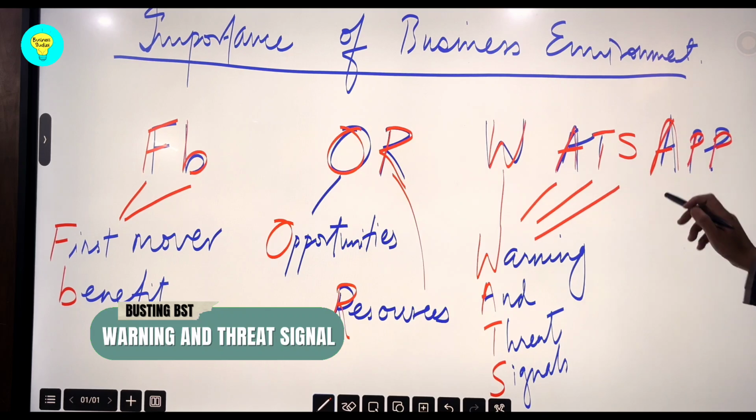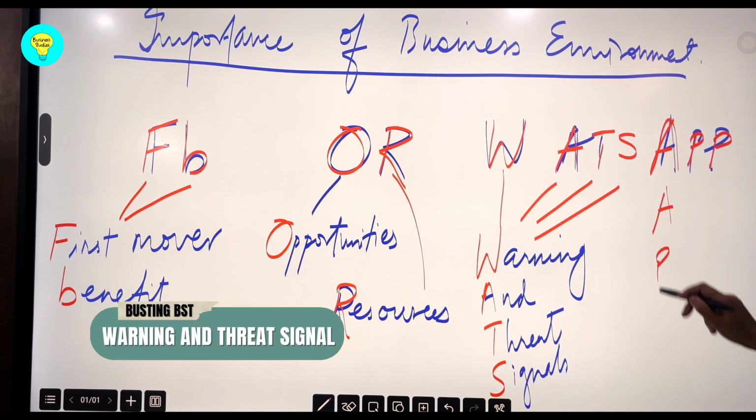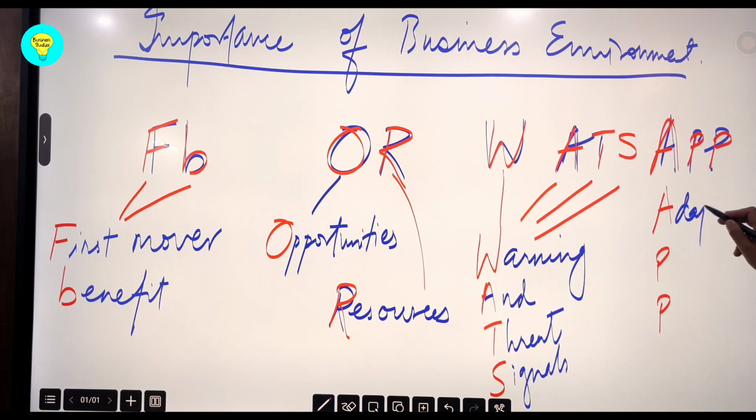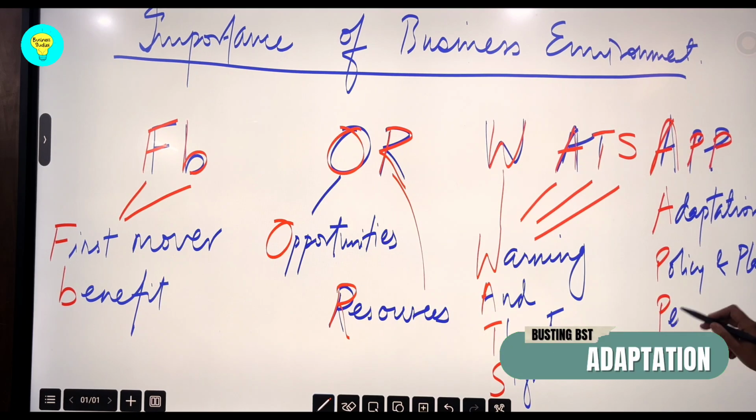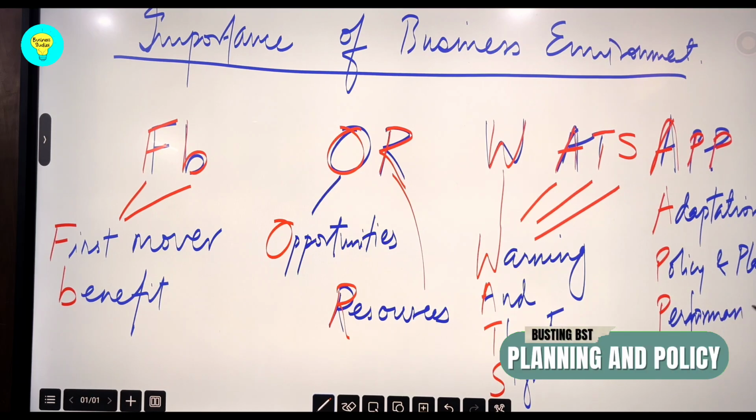And APP are representing another 3 points as adaptation, or we can say accommodating to the rapid changes. P represents policy and planning and policy formation, and another P depicting enhancement of performance.